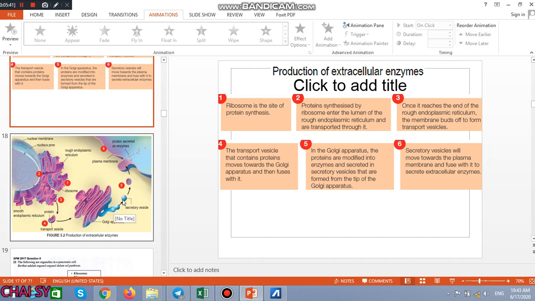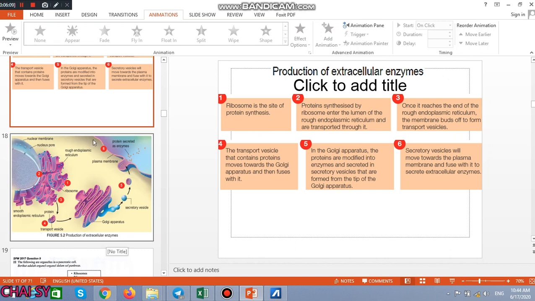So the secretory vesicle contains enzyme. Then this secretory vesicle which contains enzyme will move towards the plasma membrane of the cell and fuse with the plasma membrane to secrete the extracellular enzyme out of the cell.